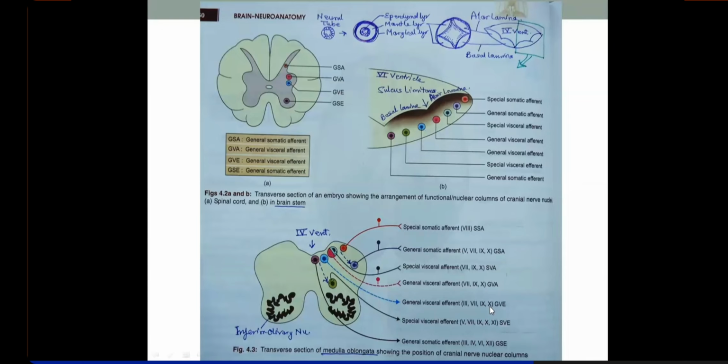The 10th will have the ganglia of the parasympathetic fibers running along with the vagus. The parasympathetic ganglia will be located either within the viscera it supplies or very close to the viscera. So that's why I've been telling you that the postganglionic parasympathetic fibers are very small.